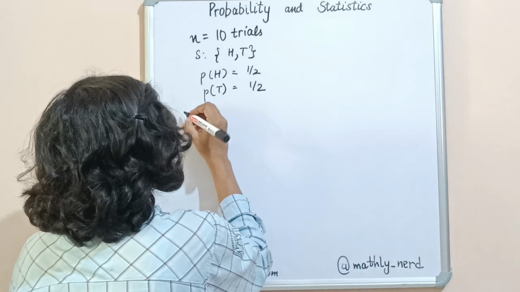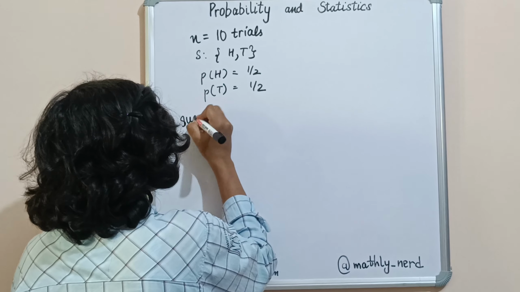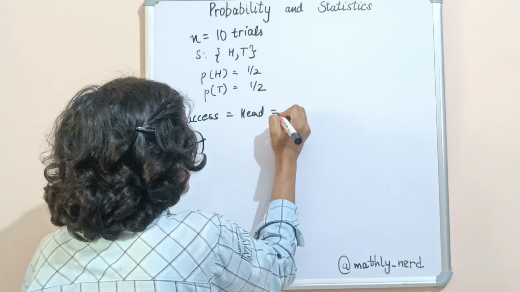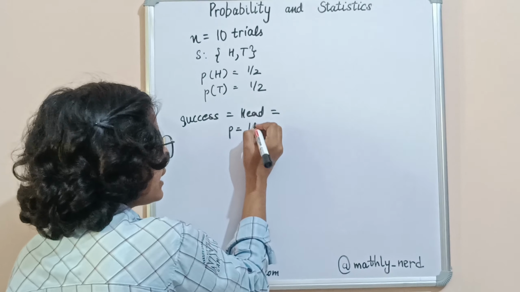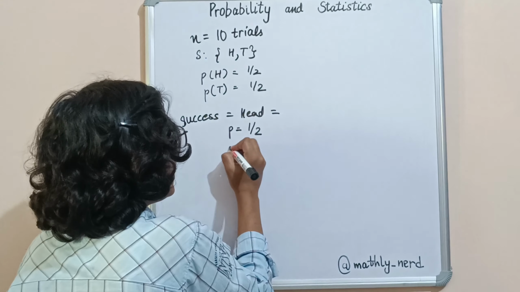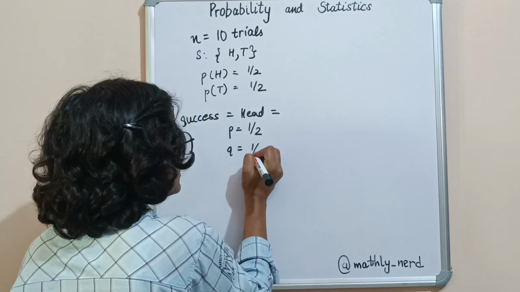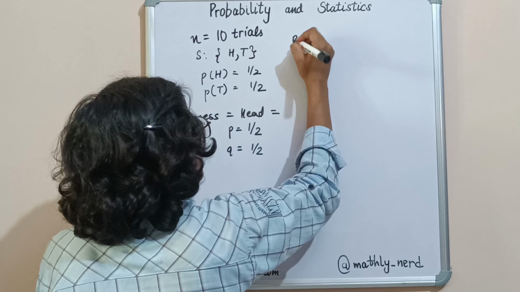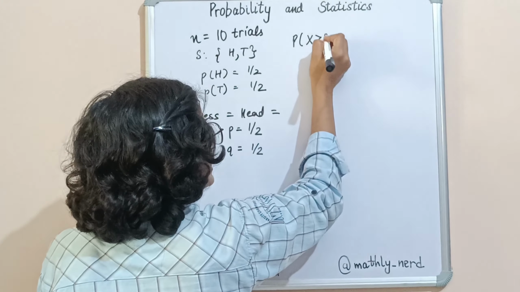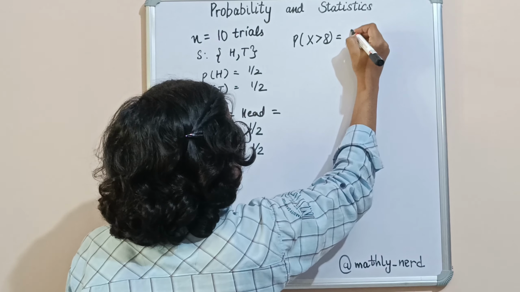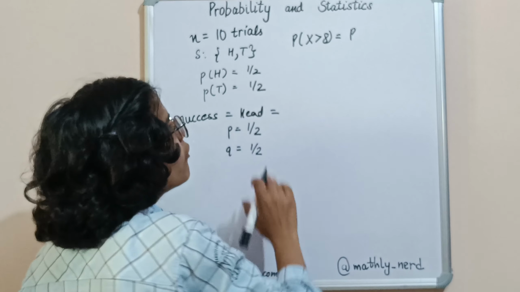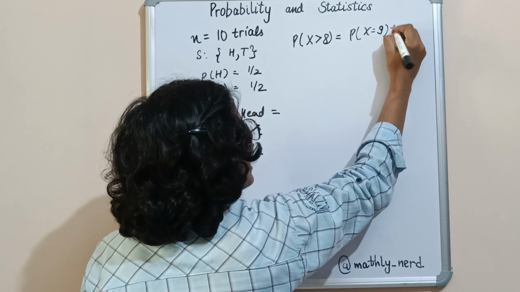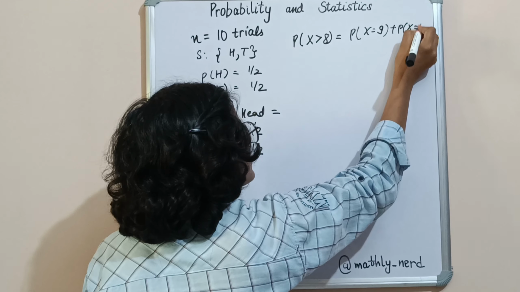Then our success is getting a head. That means probability of success P equals to 1 by 2 and probability of failure Q equals to 1 by 2. That means we want to find out probability of x greater than 8, and this will be that we get head for 9 times or we get a head for 10 times.